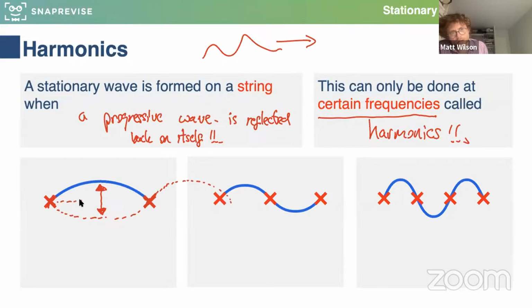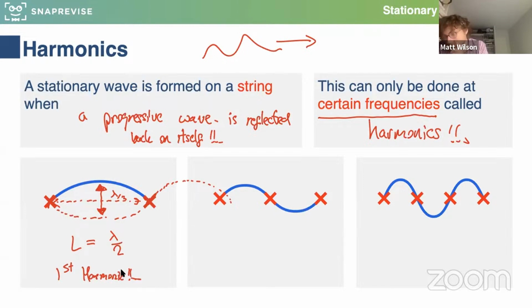So you can think about this here as being half a wavelength. And you can say that this is the biggest possible wavelength that you can fit on the string. And you say that this is the case where the length of the string is equal to a half of the wavelength. That is one option. It is the largest wavelength that you can have. In other words, it's the smallest possible frequency that you can have. And this gets called the first harmonic. It's the first choice available to you.